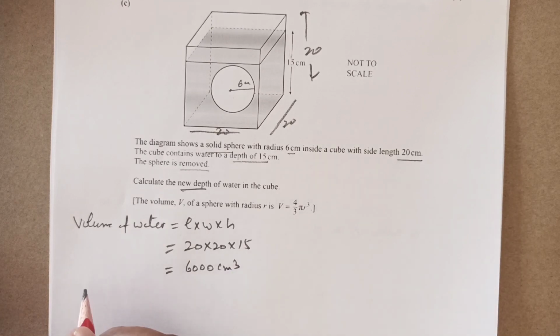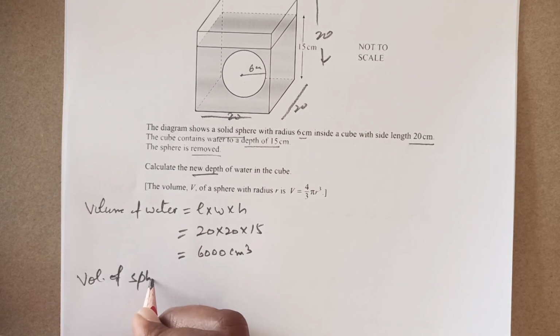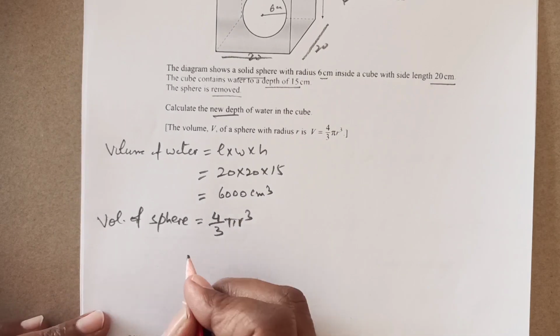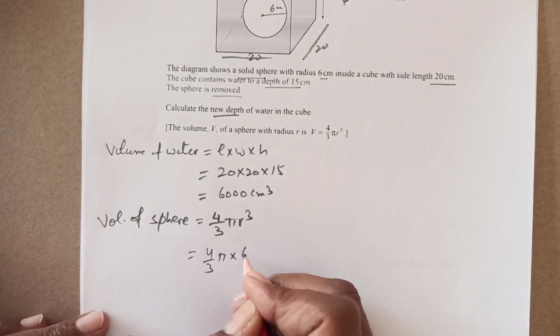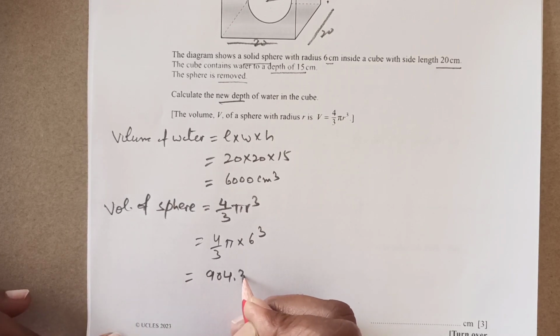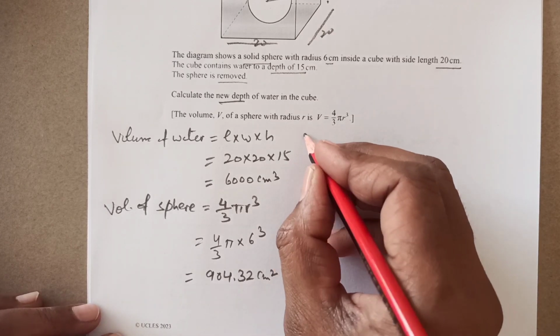Now we can find out the volume of the sphere. Volume of sphere is 4/3 pi r cubed, r is 6. Once you calculate, it's 904.32 centimeter cubed.